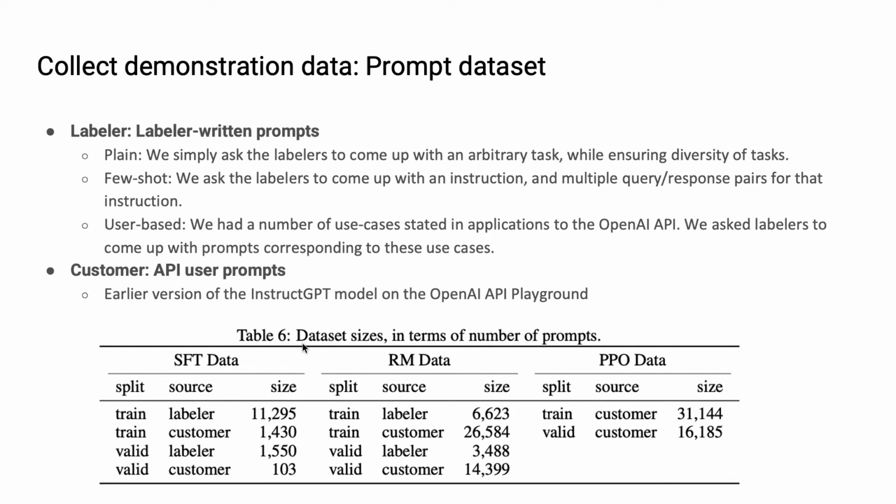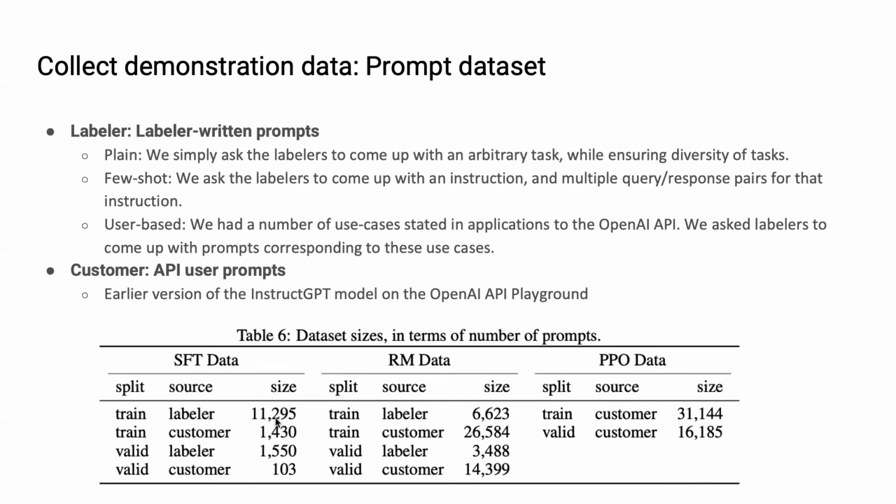So this is the data size in terms of the number of prompts for the supervised fine-tuning datasets, the reward modeling datasets, and how many prompts are used for the reinforcement learning policy updates. You see there are different sources, right? The labeler sources and also the customer ones, the Playground API user prompts.